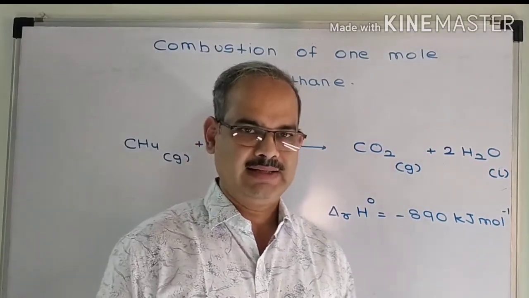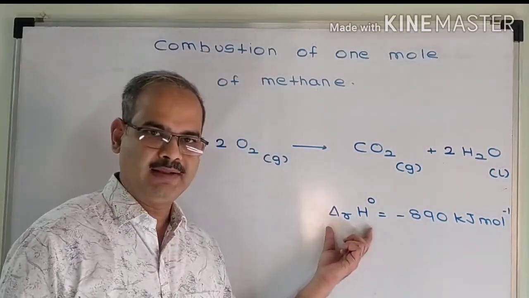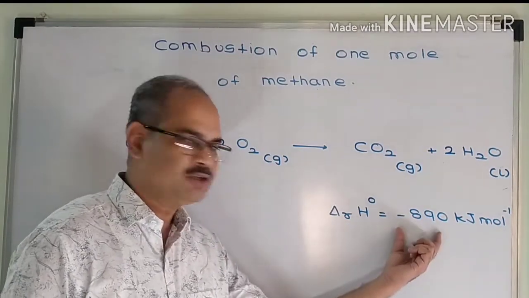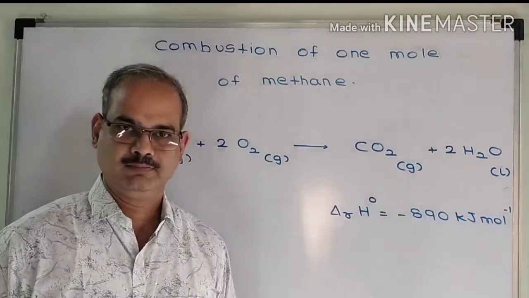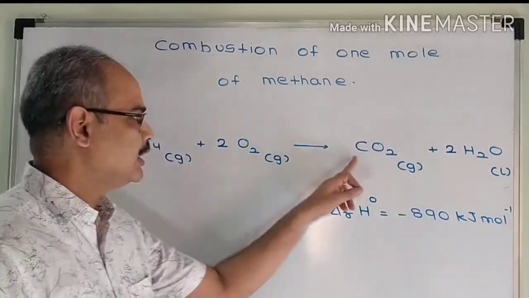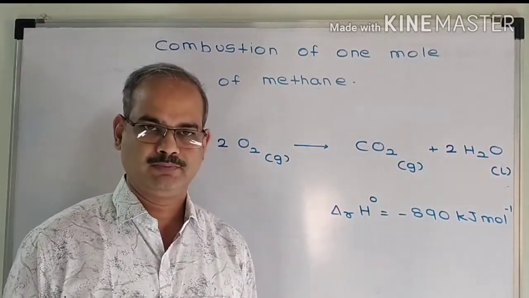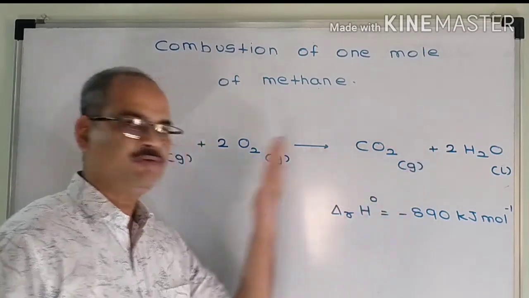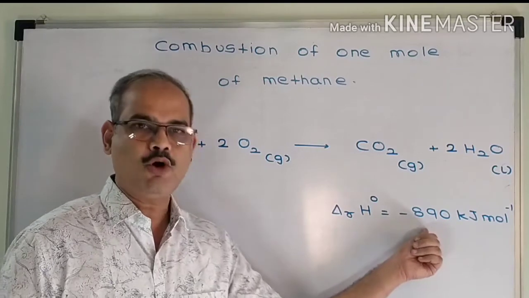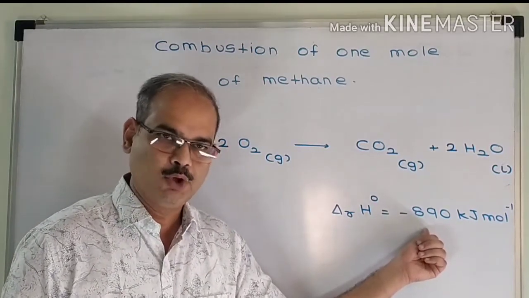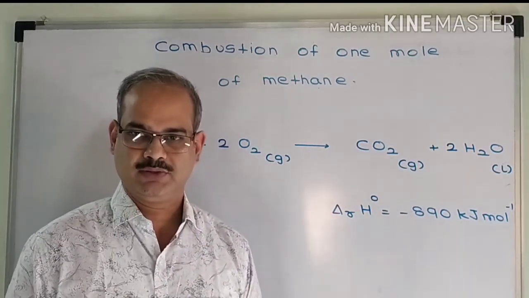The fourth guideline says that this value of enthalpy change refers to the reaction taking place in this direction, meaning in the direction in which carbon dioxide and water are formed. If the direction of the reaction is reversed, then the guideline says that the magnitude of delta H should be kept the same, only the sign should be reversed.